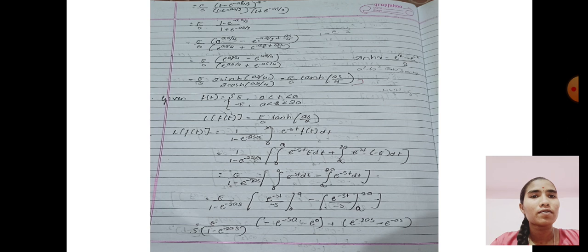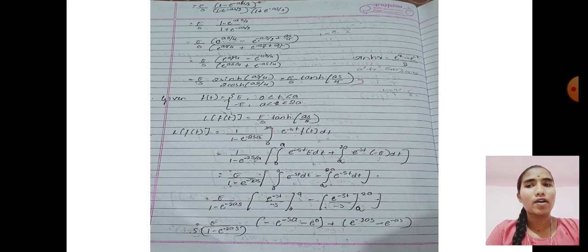Now we get the answer as e by s, with e as a constant. In the numerator we have a minus b whole square, that is 1 minus e to the power of minus sa by 2 whole square.